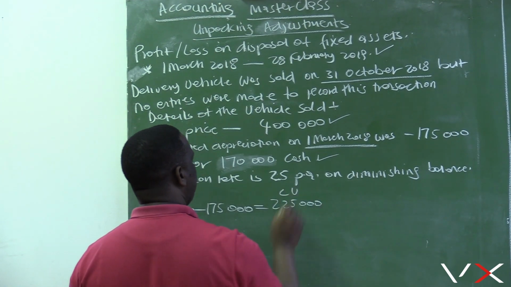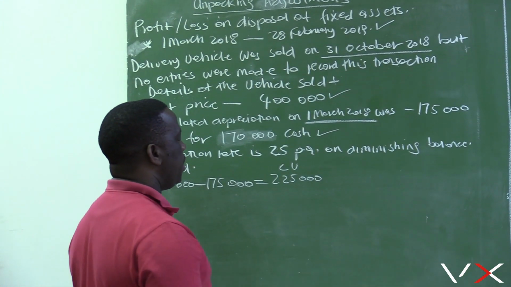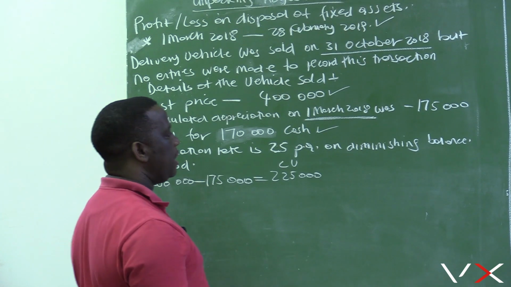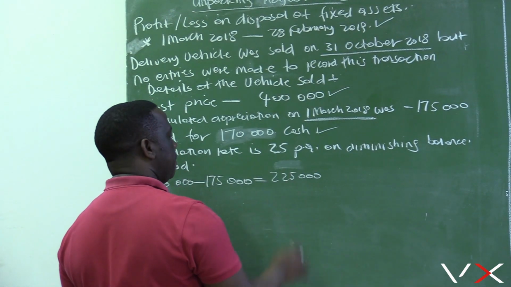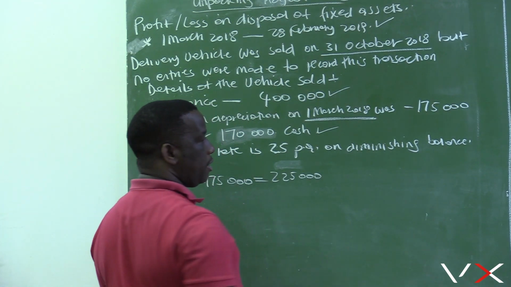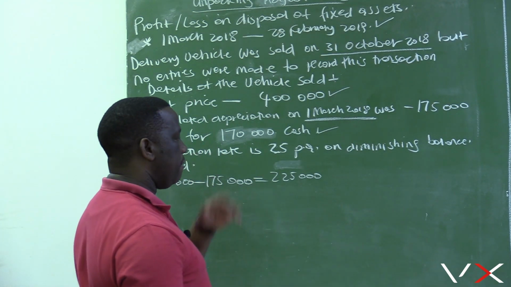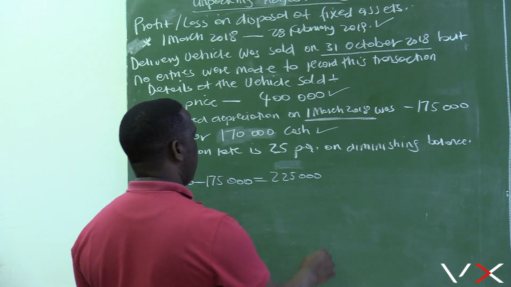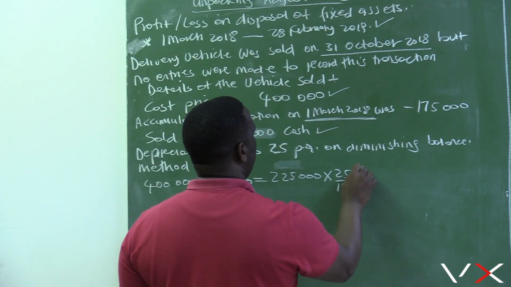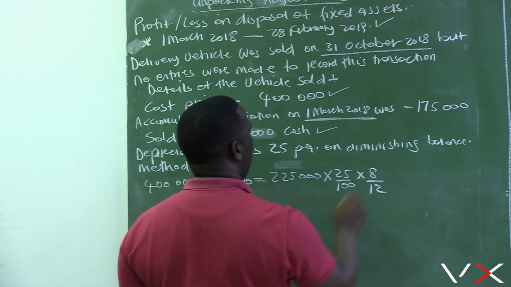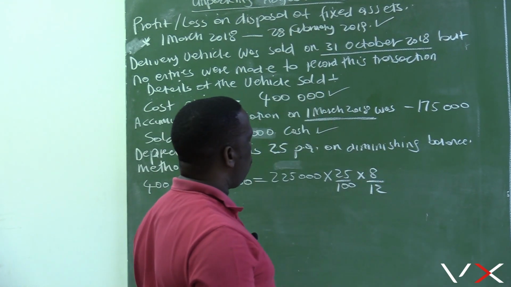to get 225,000 carrying value. Depreciation is calculated on the diminishing balance method, also called the carrying value method. So that is why we need to have the carrying value. The carrying value in this case is 225,000 multiplied by 25% multiplied by 8/12 from March to October.